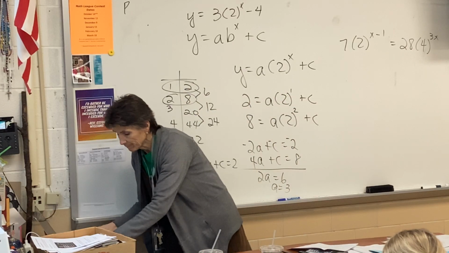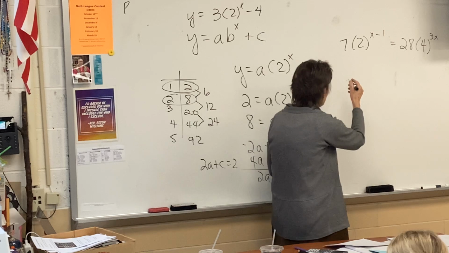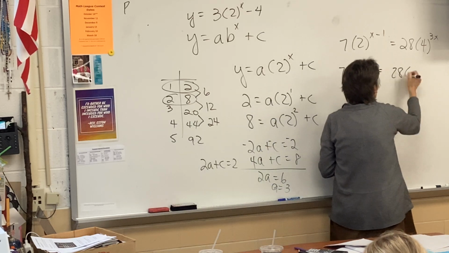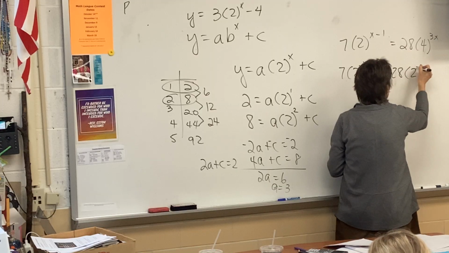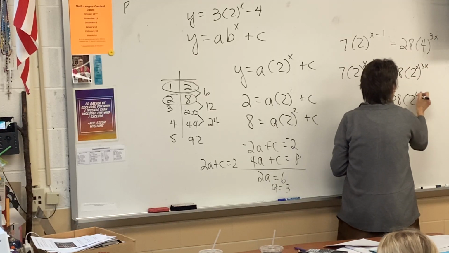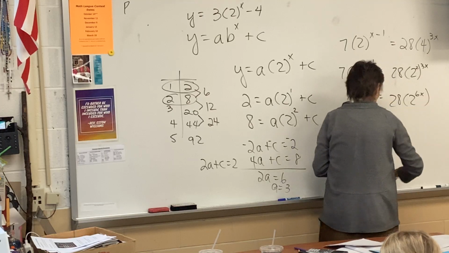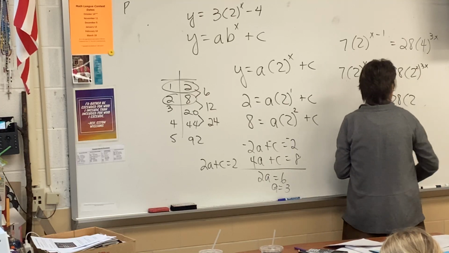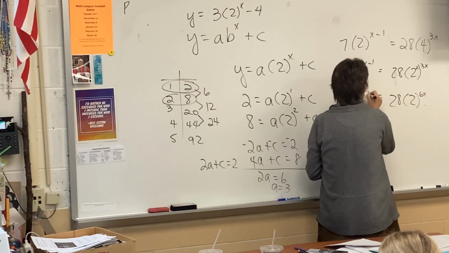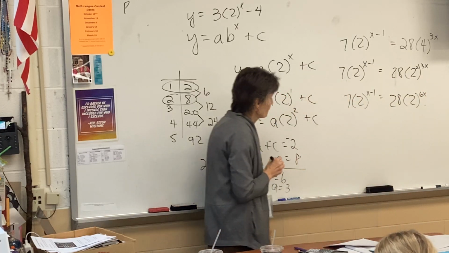Okay. All right, so that's already a 2, so we're okay there. This is 2 squared, so that's going to be 2 to the 6x. And we have 7 times 2 to the x minus 1. Okay, now what would you like to do?